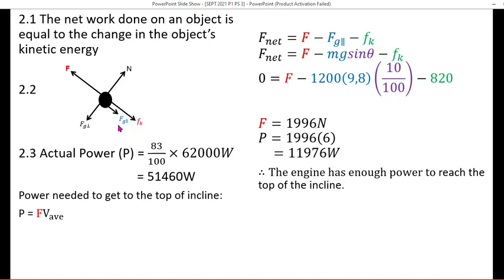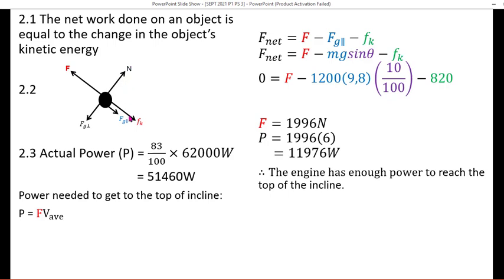Now let us remember that we are not going to consider perpendicular forces, because perpendicular forces are not doing any work. They are doing 0 work on the car. So we are not going to consider them.